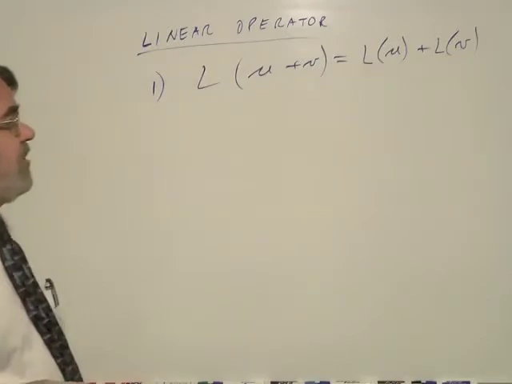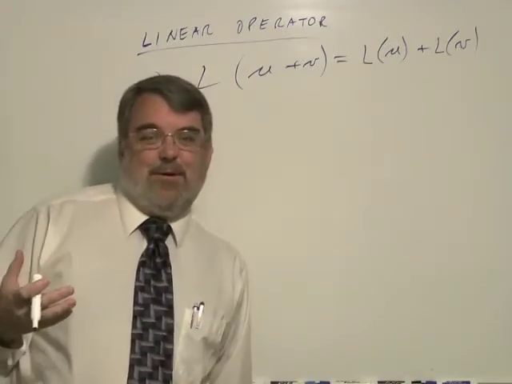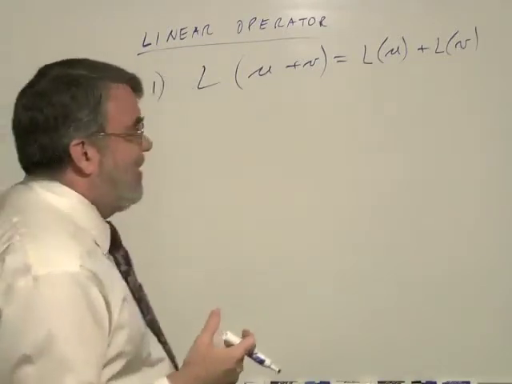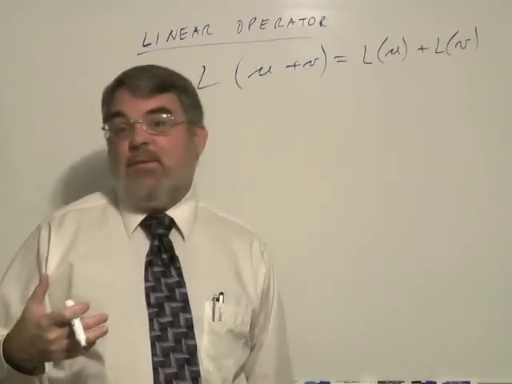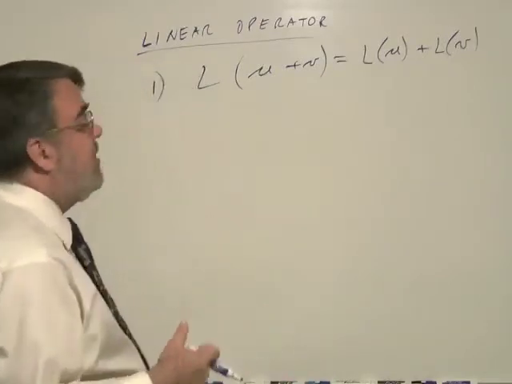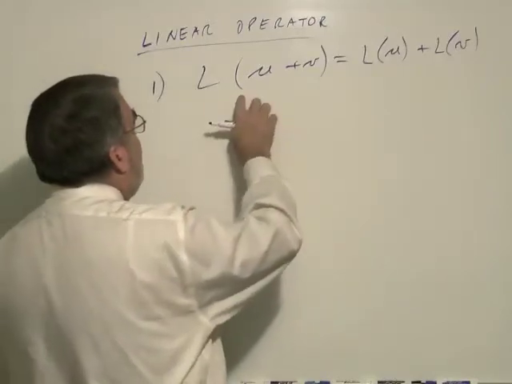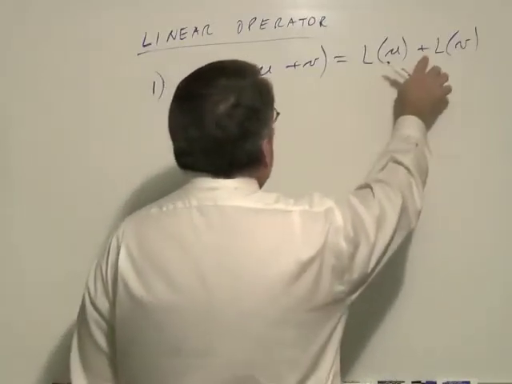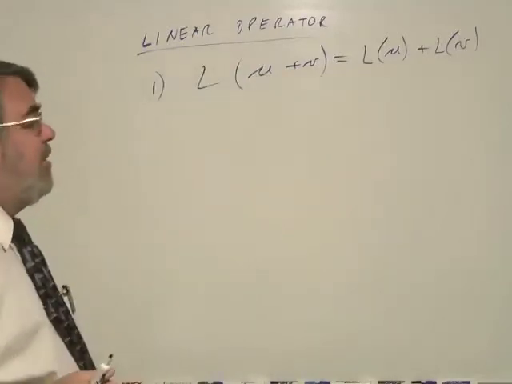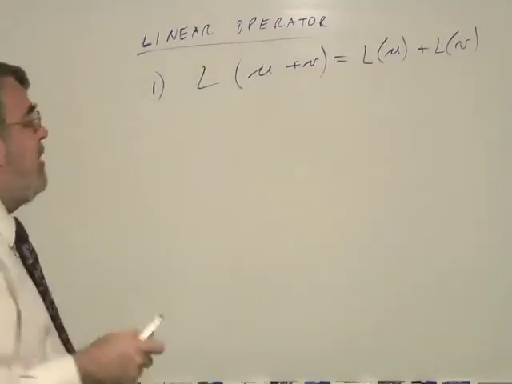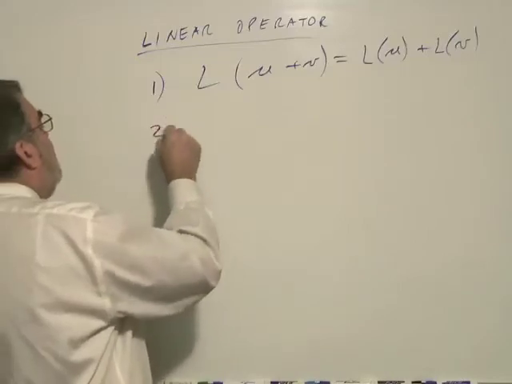So in other words, it looks like it follows a distributive law. It's not really the distributive law that we would use in the context of, say, real numbers, but it sort of resembles it. So L of (u plus v) is L of u plus L of v. All right, that's one property of a linear operator. And L, of course, is my operator that I've named.